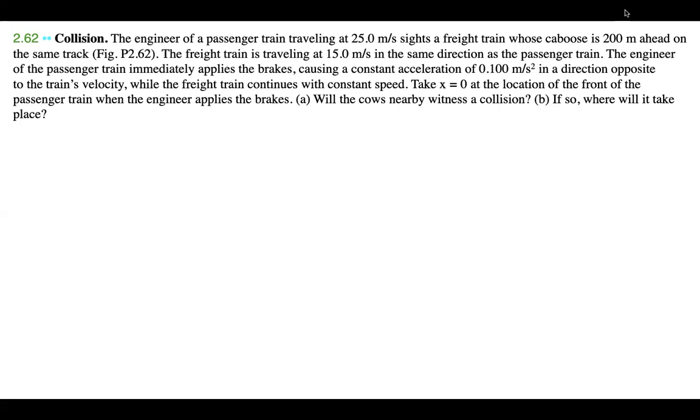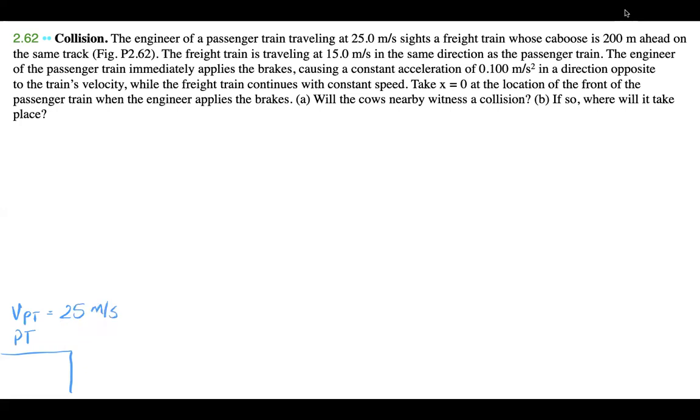So this is going to be the passenger train. Let's draw this in blue. I'm going to label this as PT, passenger train, and it's traveling at V_PT equals 25 meters per second.